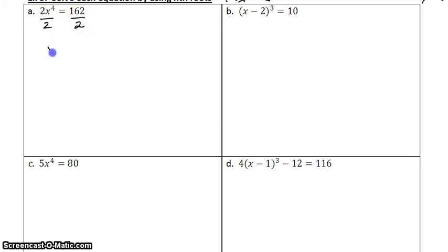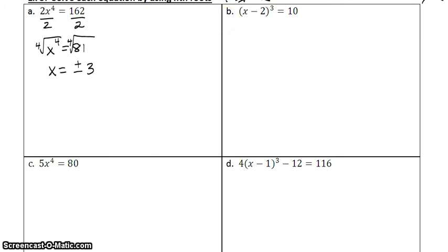I end up with x to the 4th equals 81. And now, in order to get rid of the power of 4, I need to 4th root both sides. And this is what I meant by when you're taking an even root, a 4th root, we're going to have 2 answers. So the roots are positive or -3. And that's my answers for x.